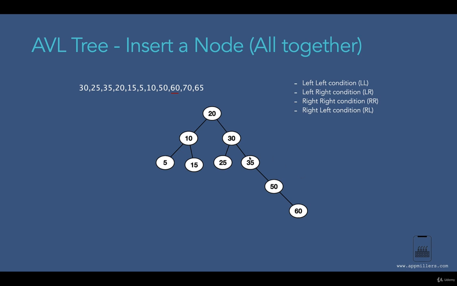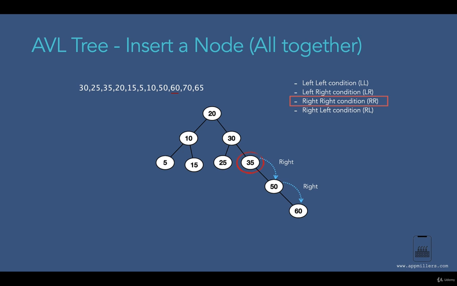Now after addition, we can easily see that 35 over here is disbalance node. Now after finding the disbalance node, we need to identify the condition. Now to identify the condition, we need to find a path from this disbalance node to its grandchild. Now the 35's grandchild is 60 and the path will be right and right. So this means that this is right-right condition. Now in case of right-right condition, we are just doing left rotation.